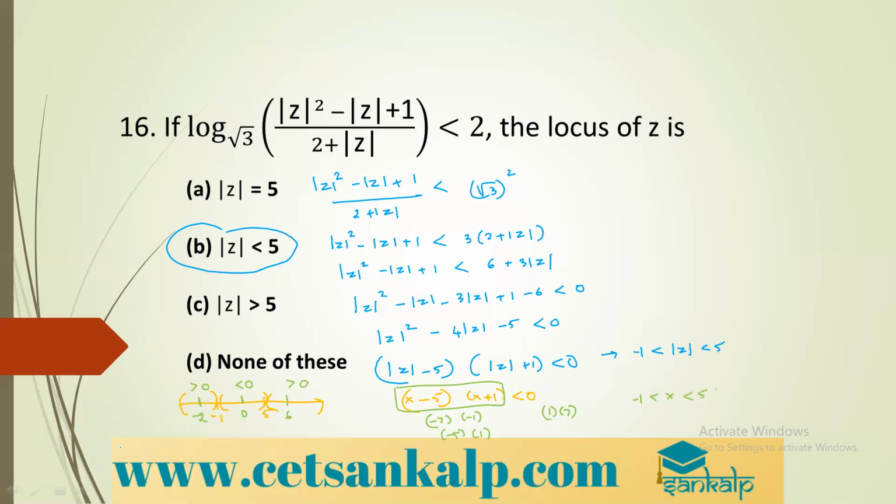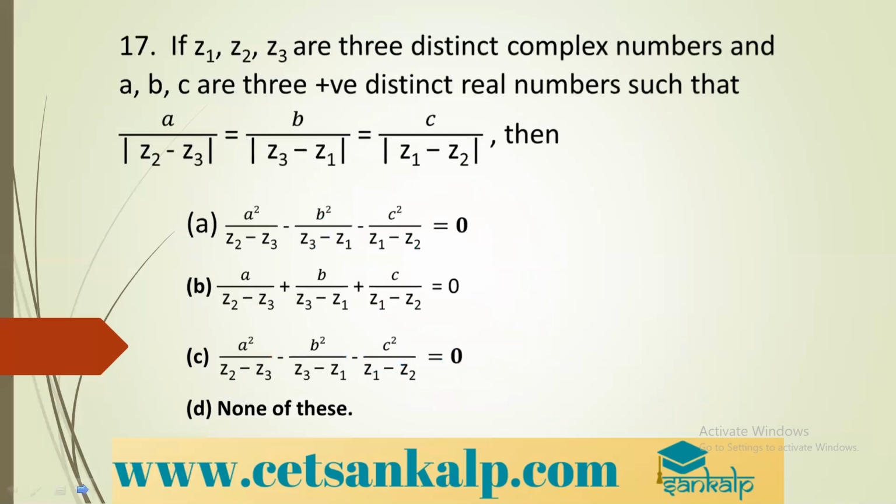Question number 17. So in question number 17, you can see if Z1, Z2, Z3 are three distinct complex numbers and A, B, C are three positive distinct real numbers such that A by modulus of Z2 minus Z3 equal to B by modulus of Z3 minus Z1 equal to C by modulus of Z1 minus Z2.